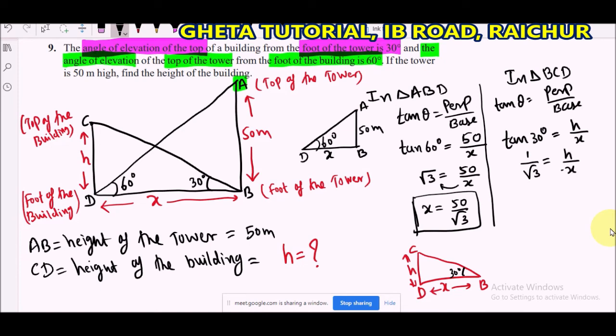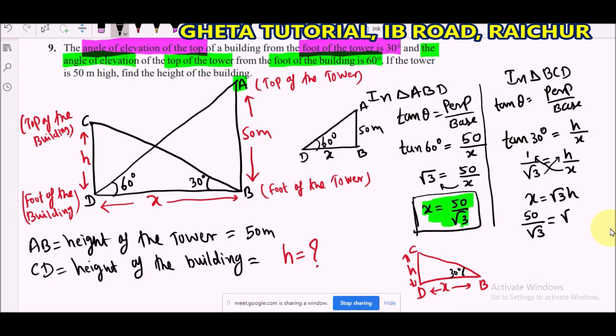Cross multiplying, X is equal to root 3 h. But we know the X value. X value is 50 by root 3. So in place of X, just substitute 50 by root 3.